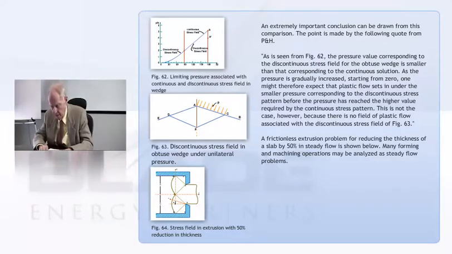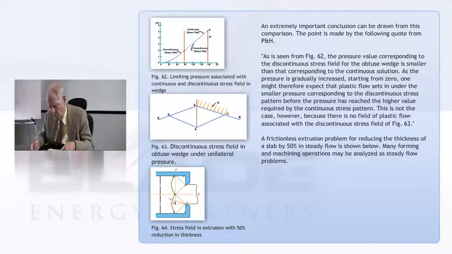On the rest of it, we see that the answers don't agree. There's a solid line for the continuous stress field, and then there's a dashed line. It's a bit hard to see even in Brocker's book, but it corresponds to a load that's less than the load for the continuous field.